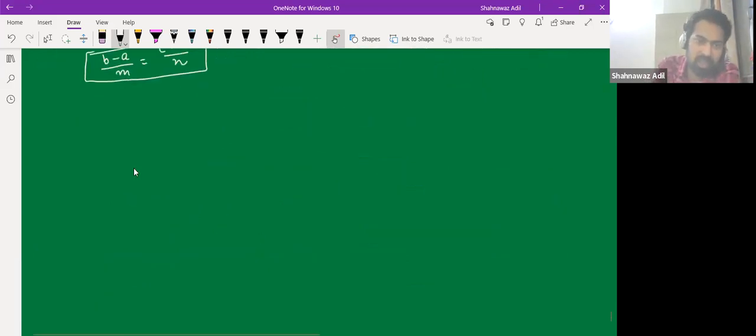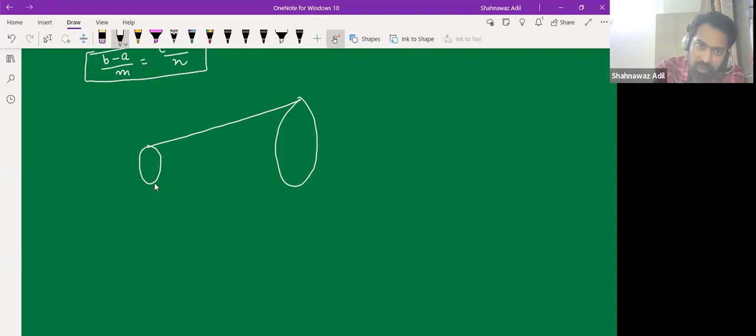So the next question is, find the resistance of a wire which is like a frustum of a cone. So we have to find the resistance of this frustum.